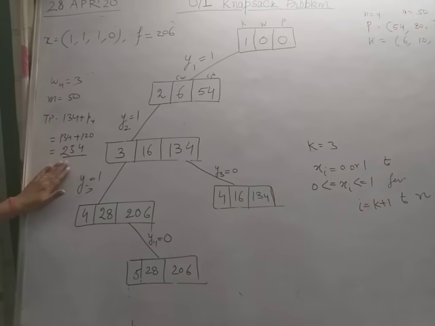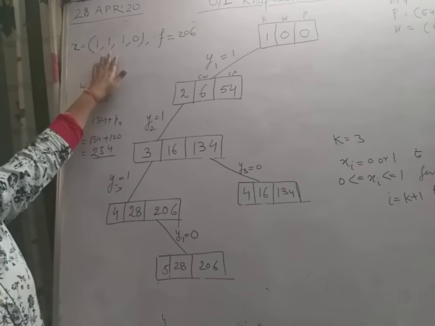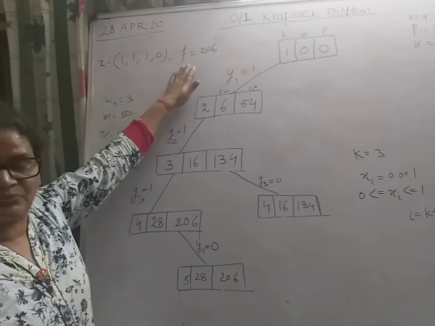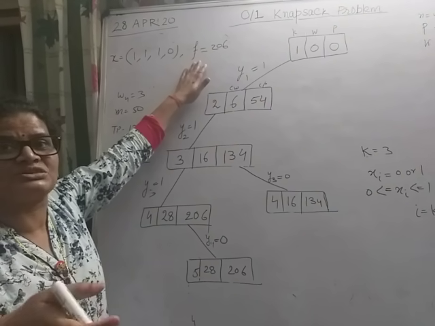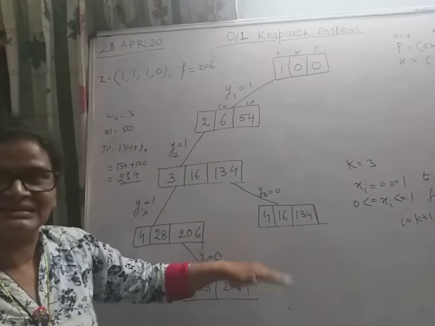So 254 is greater than the profit of the solution vector already generated. So we can go for the right branch.